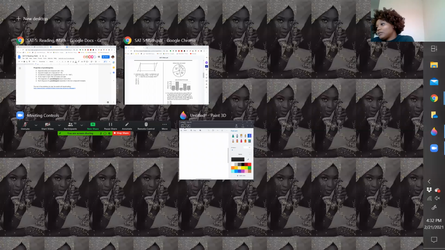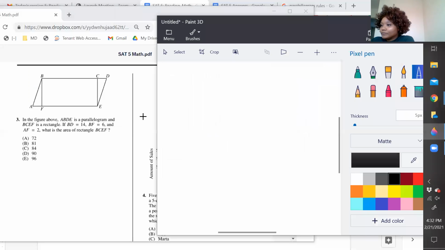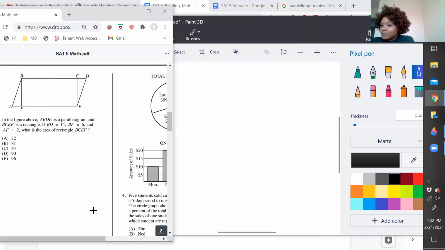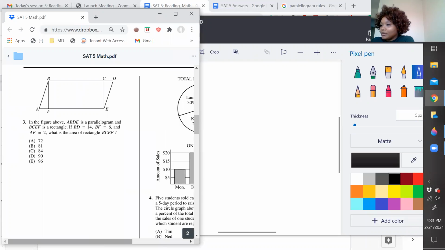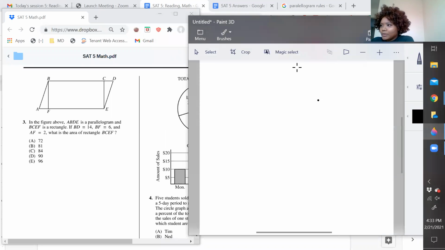What do I mean by that? The line opposite one line is going to have the same value. So lines opposite each other are going to have the same value. I feel like I'm being redundant at this point.